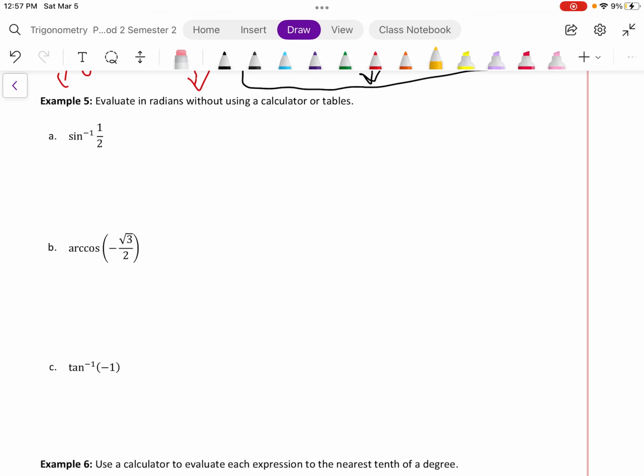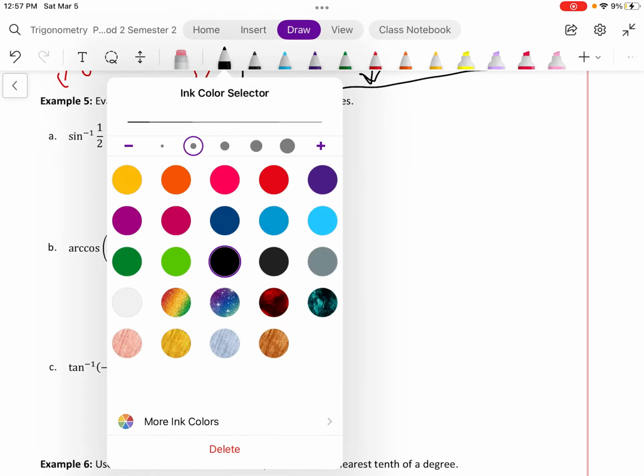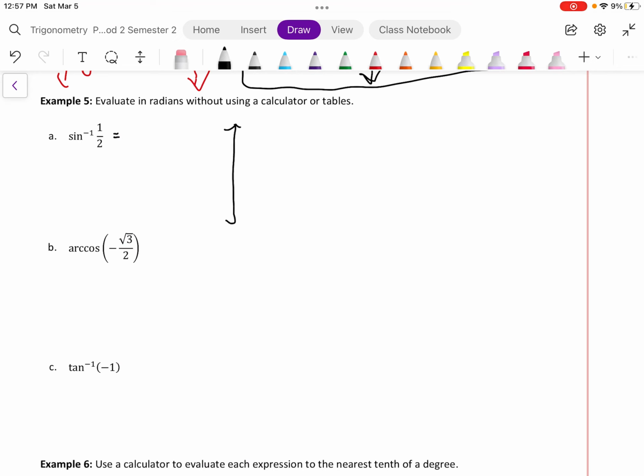All right, next, we are going to evaluate in radians without using a calculator or table. For this, we're looking for what x equals. We know that the inverse sine of 1/2, that's what we have, and we're looking for what x equals. What we're going to do is draw this on a right triangle on our coordinate grid.